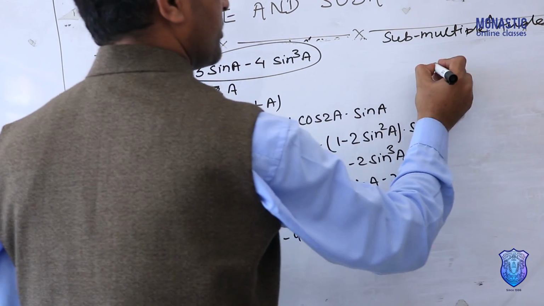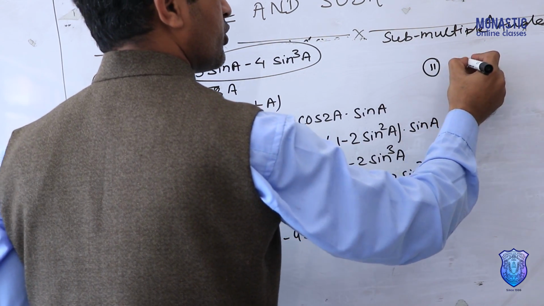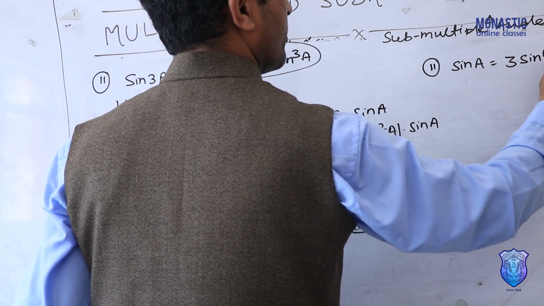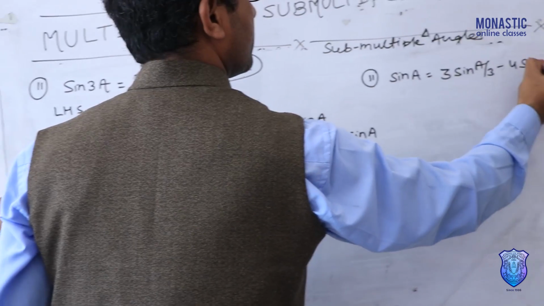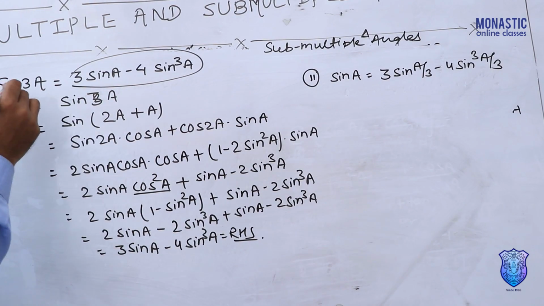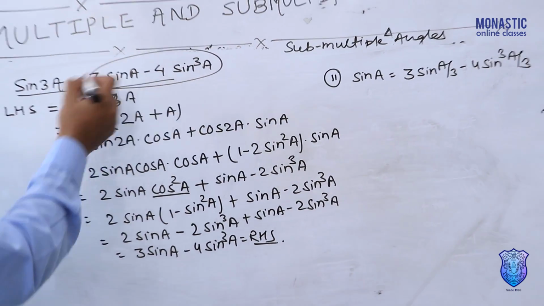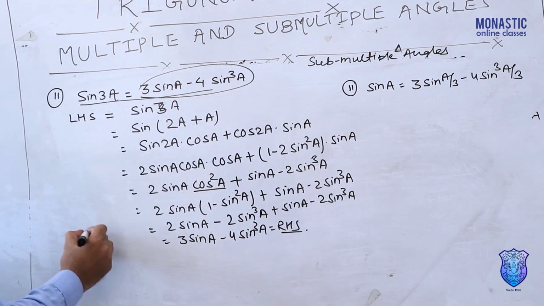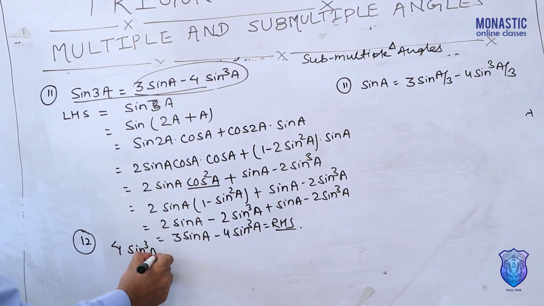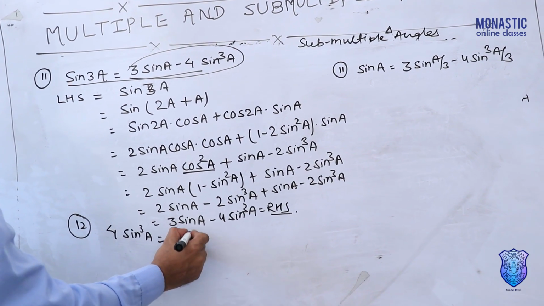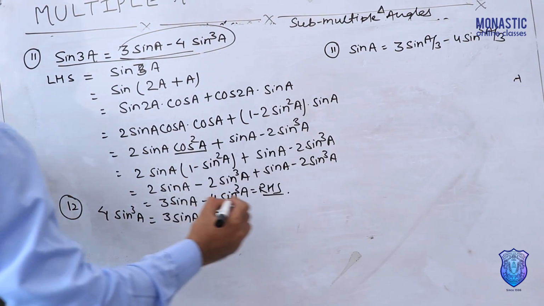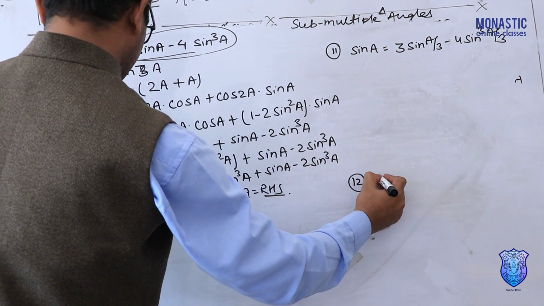And its submultiple formula will be sine A equals 3 sine A by 3 minus 4 sine cube A by 3. From this formula also, simplifying and changing the side of the 4 sine cube A term, the formula is 3 sine A minus sine cube A, which will be some multiple.